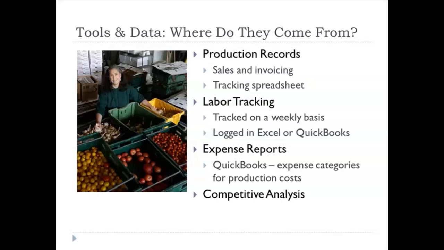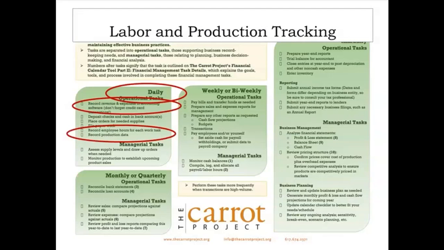You can go to QuickBooks to see what direct expenses you have. So, for the tomato grower, what did they spend on seeds, stakes, and packaging? And then obviously the competitive analysis is the second component, but we're not going to get into that one today. As I mentioned, you want to go back to the daily tasks. That's where you've been keeping your records.